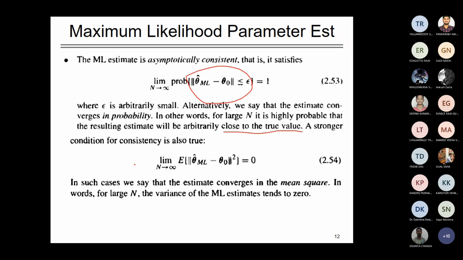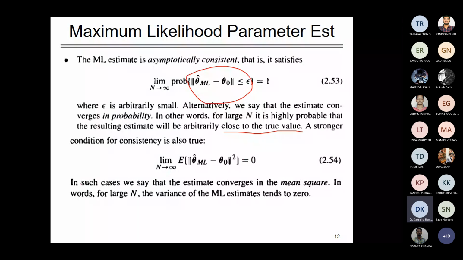Okay. Now we can make a stronger condition for consistency, which is also found to be true. Here we are taking the square of these deviations, and then we take the expectation, over which we take the limit n tends to infinity, and this will give us 0.